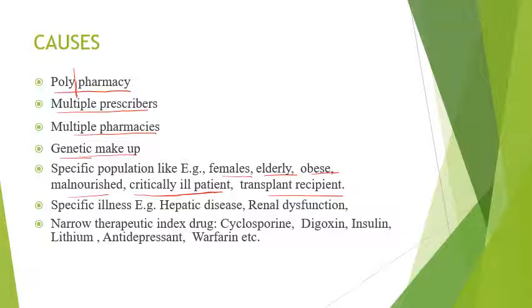So that simply increases the chances of getting him into a drug interaction situation. Same is with the transplant patient. Because he has just gone through a transplant, he would be getting a number of immunosuppressants. Moreover, he is taking other drugs as well. Again, it simply increases the chances of drug interactions.